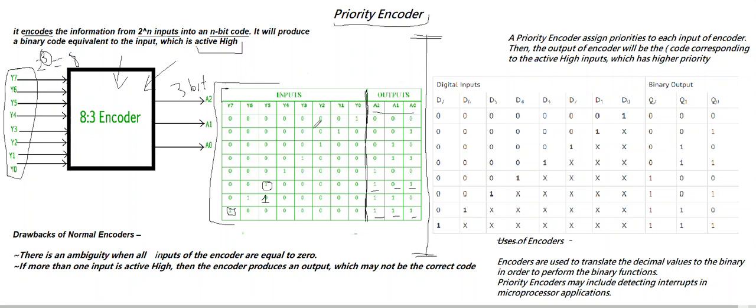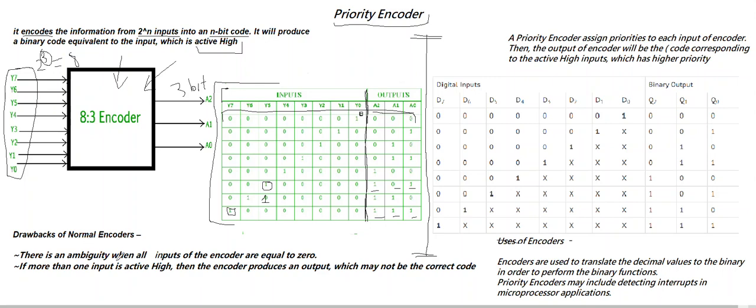Similarly, if all the inputs are 0, then the output will be 0, 0, 0. But when Y0 is 1, the output is also 0, 0, 0. So that is an ambiguity in the normal binary encoder.